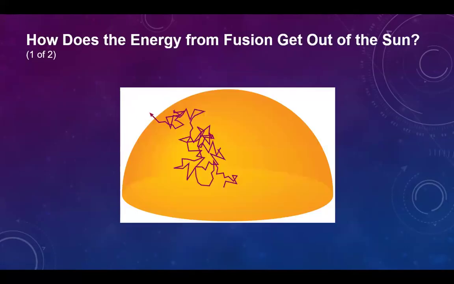So the energy from the Sun gets out of the Sun while in the radiation layer, energy is emitted and reabsorbed and sort of random walks its way out of the Sun. It bounces around a lot. So lots of pockets of radiation get emitted, absorbed, and random walk their way out to the convection layer, where the packets of gas are moving more freely and cycle up and down.